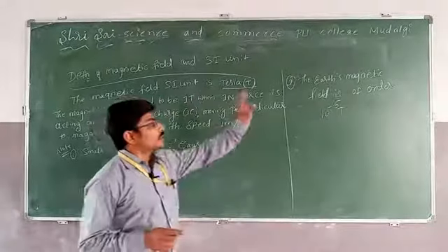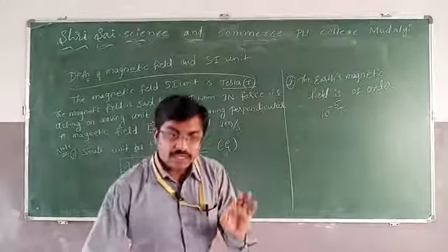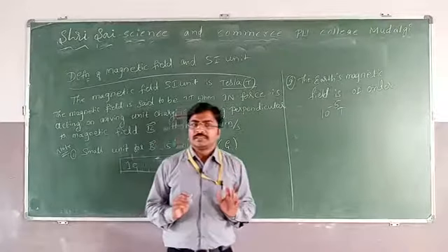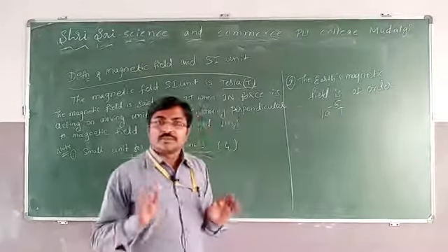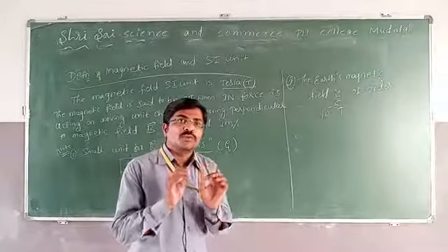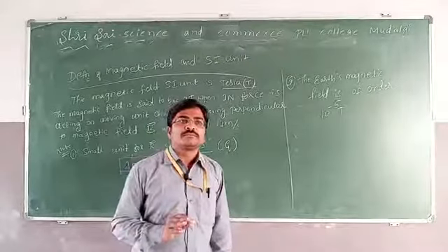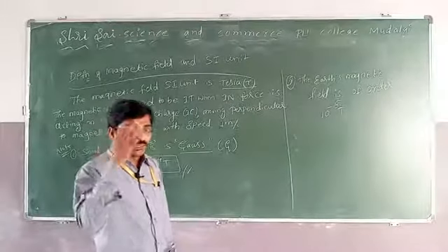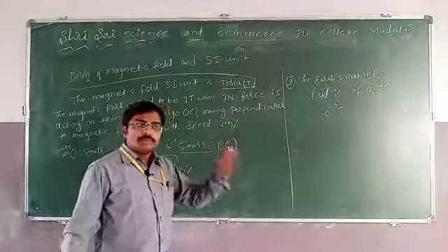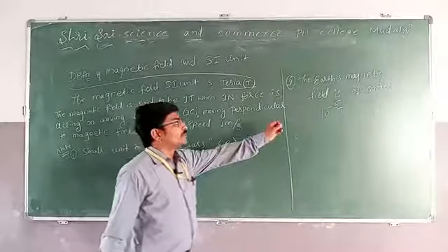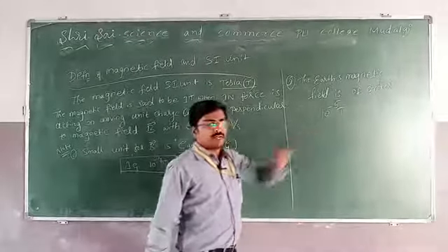Even though it is 10 raised to minus 5 Tesla, it is very big and very helpful to mankind. It's very difficult to produce a complete 1 Tesla or 2 Tesla. Even artificially, it is not easy to develop a very high magnetic field.